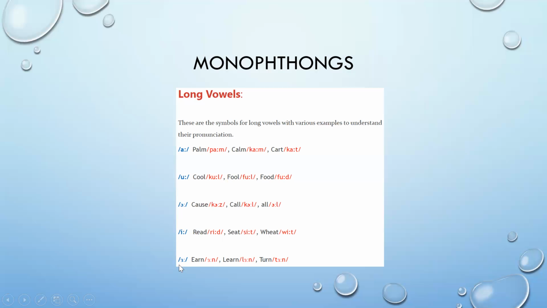The last one is, we had the schwa sound in the short vowels. Here we are going to stretch that sound. Er as in earn, as in learn, as in turn, as in earl, as in earnest. So these are some of the examples for long vowels.